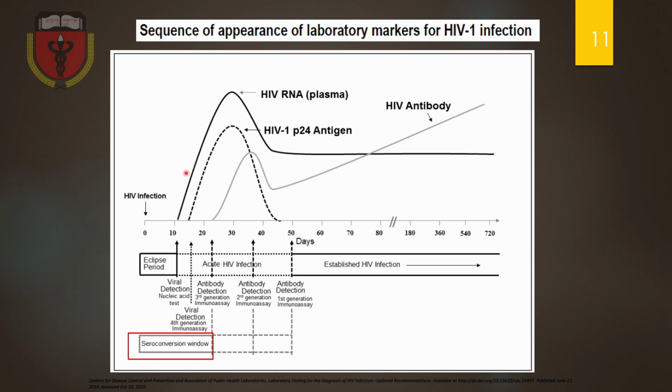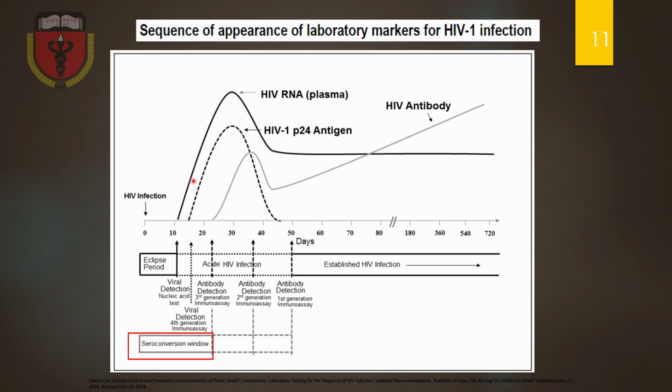So HIV-1 RNA is detectable in the blood. Viral detection can be done by nucleic acid amplification test, because as the name implies, the RNA, the nucleic acid, is detectable at this time point. Because the virus starts replicating and amplifying really robustly, we then start seeing the p24, the core antigen.